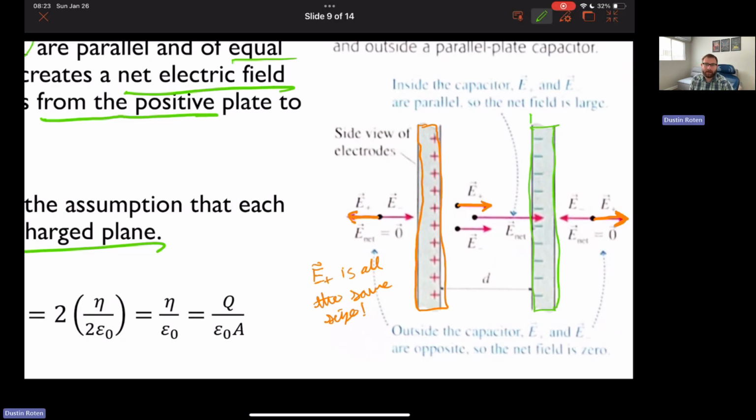We'll do the negative one in green. Well, we know over here we're going to feel some of that electric field going toward the negative plate. Inside, we're also going to have a field going toward the negative plate. And outside, we're going to have a field going toward the negative plate.